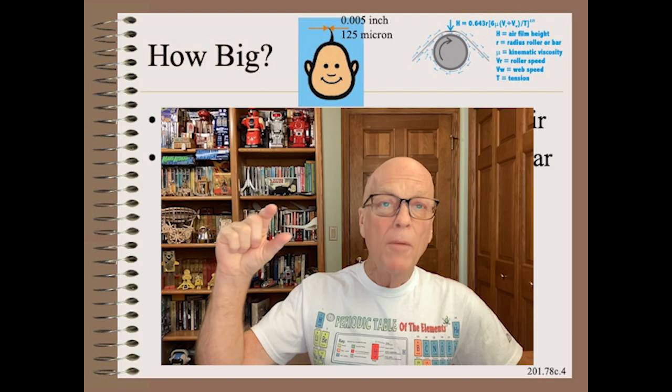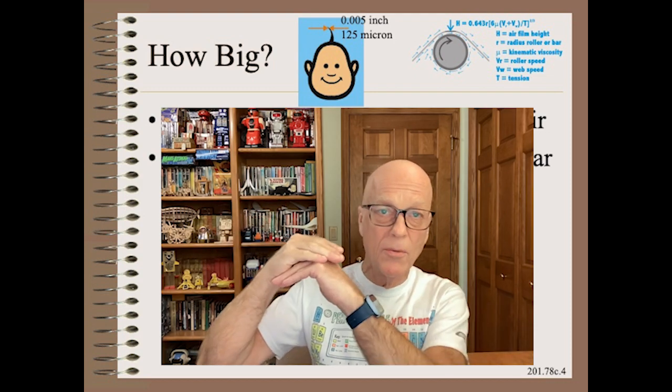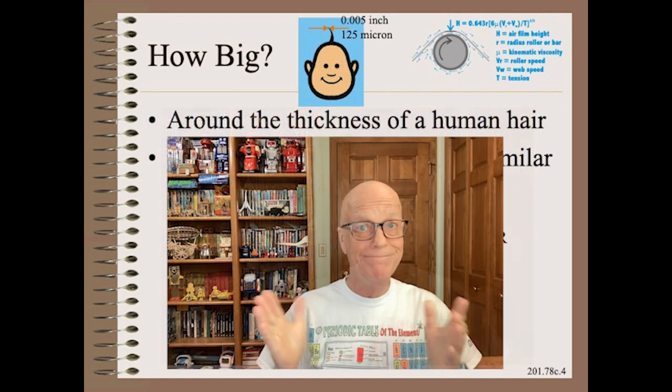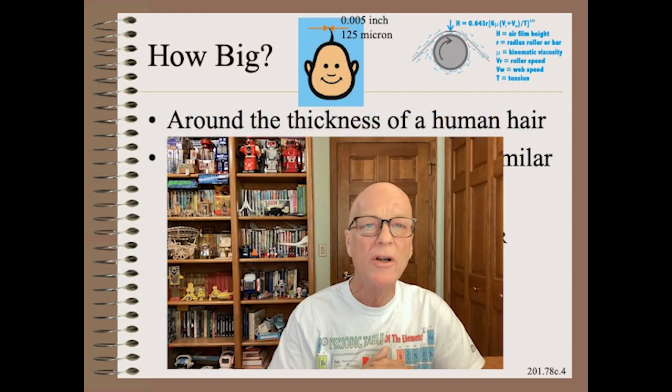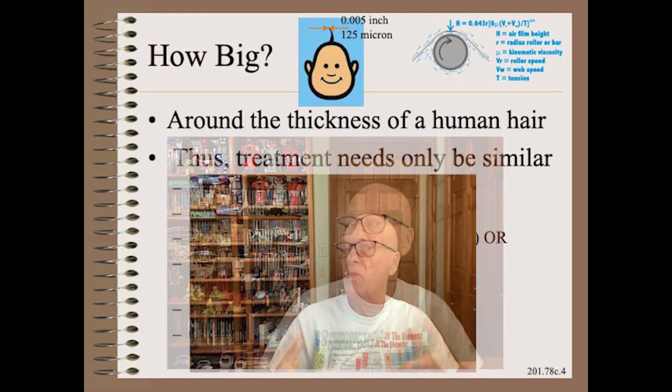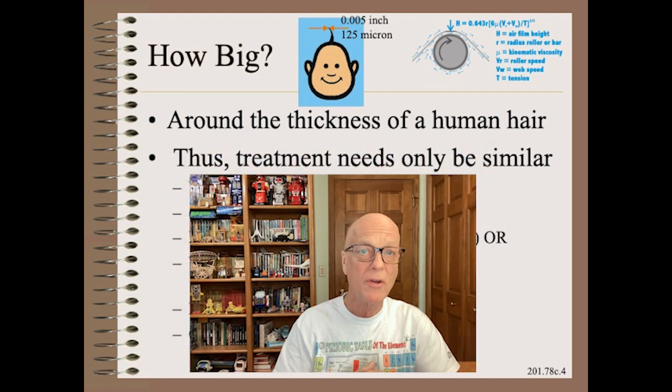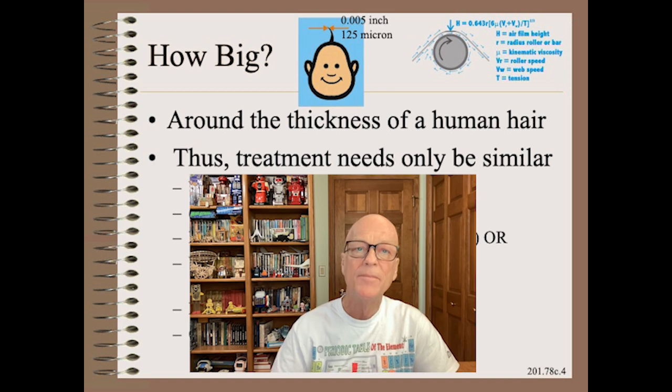So, how big is this air layer that is pumped into the gap between the roller and the web? It is only around the thickness of a human hair for common converting cases. Thus, the treatment needs to only be similarly sized.